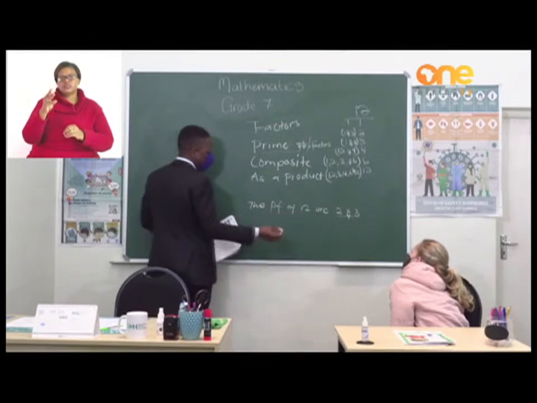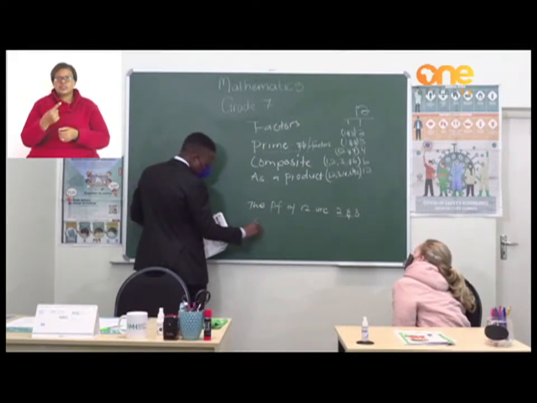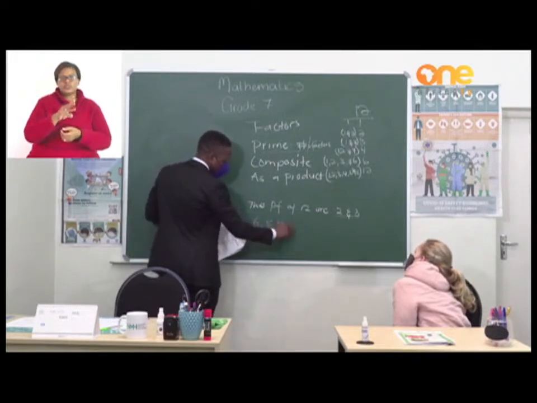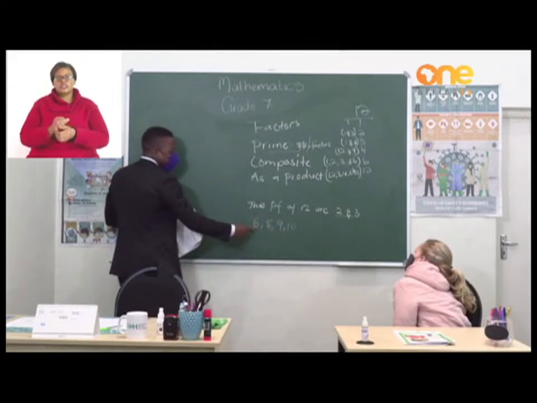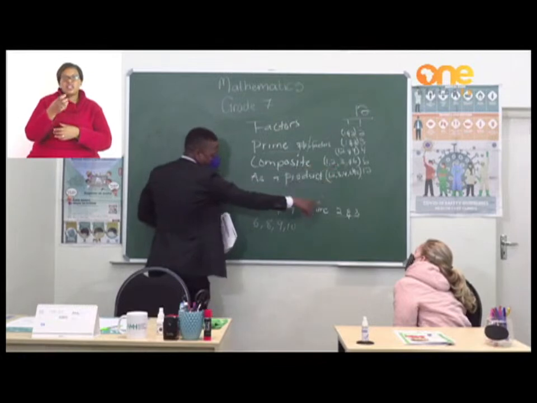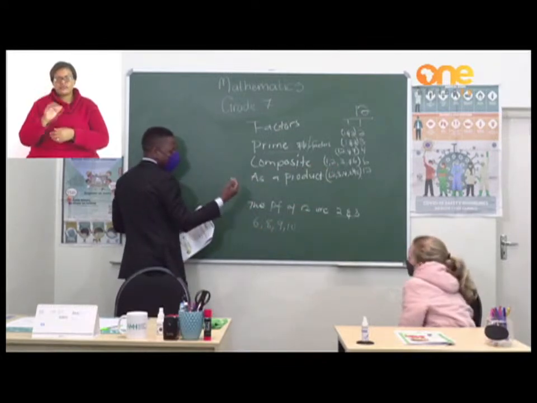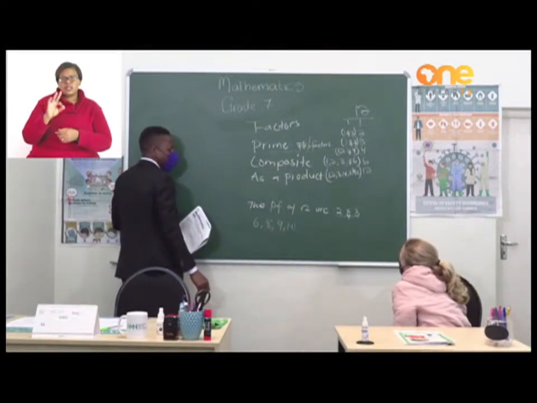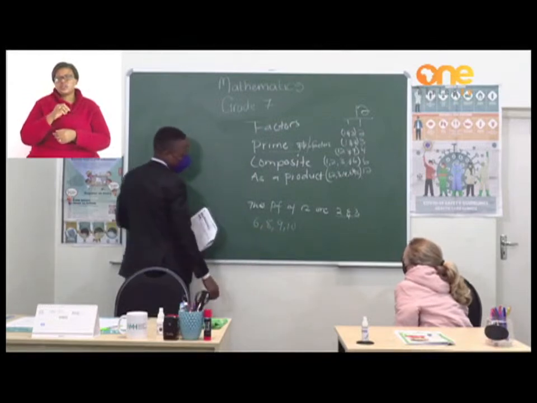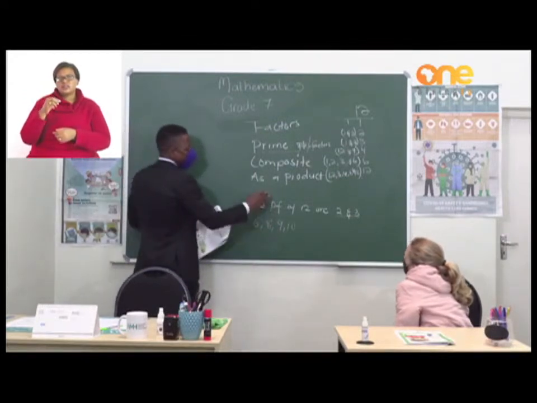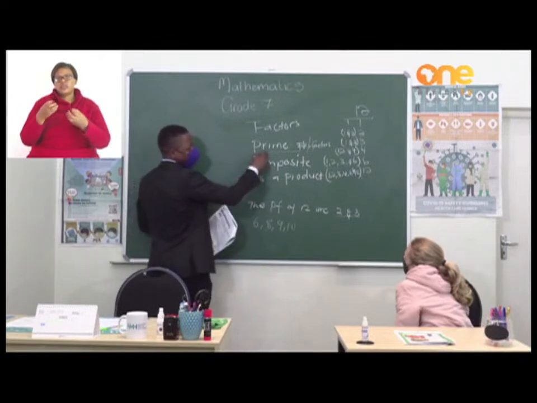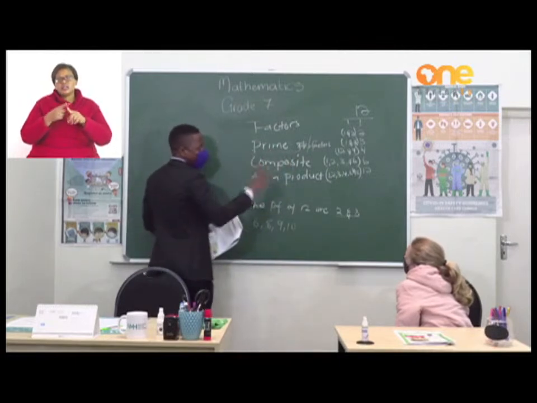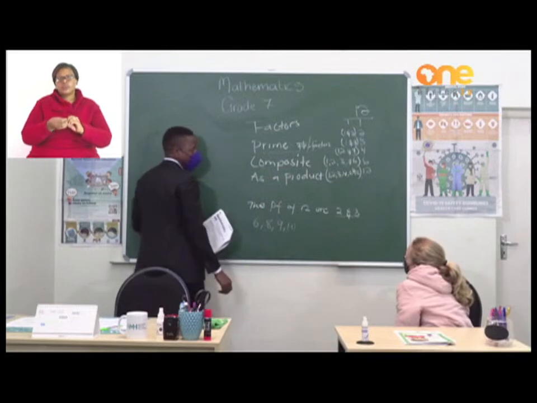Other composite numbers we can talk about are 8, 9, 10, and so on. 8 has factors 1, 2, 4, and 8. 9 has 1, 3 and 9, and 10 has 1, 2, 5, and 10. So composite numbers are the opposite of prime numbers. Prime numbers have 2 factors. Composite numbers have more than 2 factors.